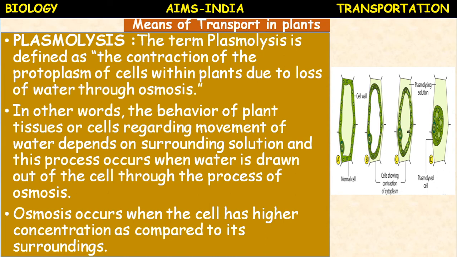The second stage is called incipient plasmolysis. At this stage, hypertonic solution enters the cell in between the protoplast and the cell wall. Due to continued exosmosis, the protoplast shrinks. Further, it is known as evident plasmolysis. The final one is evident plasmolysis. So this is the evident plasmolysis.